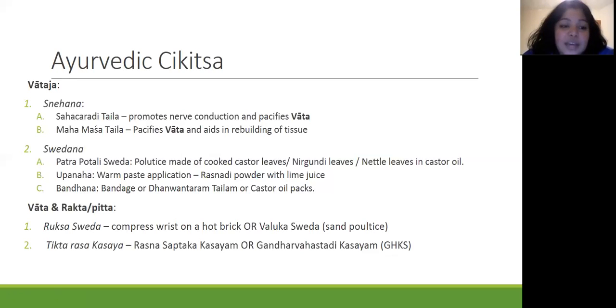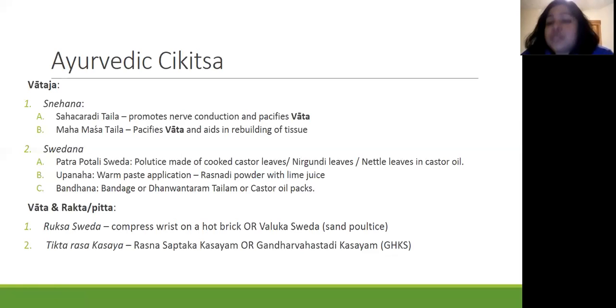For snehana, you can choose some options here. You can do it with Sahacharadi Taila, just applying it, or even doing a pichu, where gauze is soaked with any one of these oils and applied for about 25 to 35 minutes, and then followed by some form of swedana or heat application.